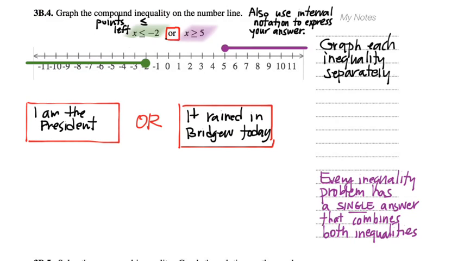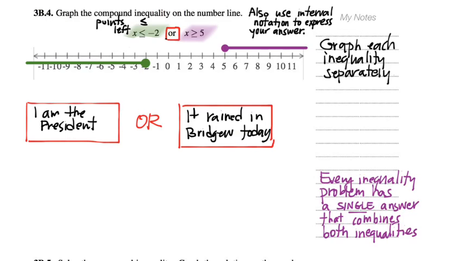So there are two logical propositions. Each of those propositions is either true or it's false, right? That's what makes it a logical proposition. So if I combine these two into one assertion, I am the President of the United States, or it rained in Bridgewater today, how do we make sense of that as a compound statement? Do we think that that's true, or do we think that that's false?